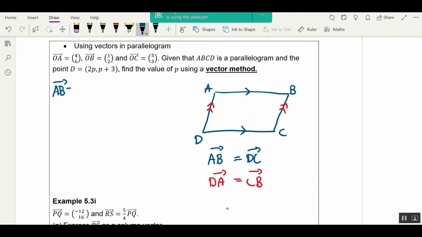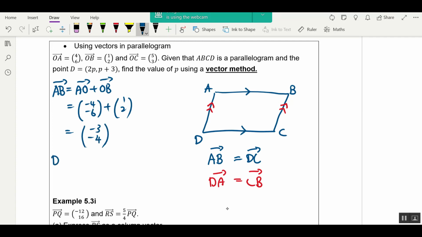AB is equal to AO plus OB, my interchange law in the previous part. AO is negative of OA, so this is minus 4, minus 6, plus OB is 1, 2. Okay, this would be negative 3, negative 4. Alright, now DC is equal to DO plus OC.